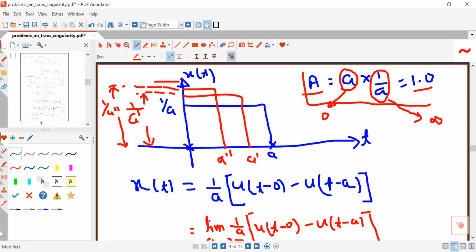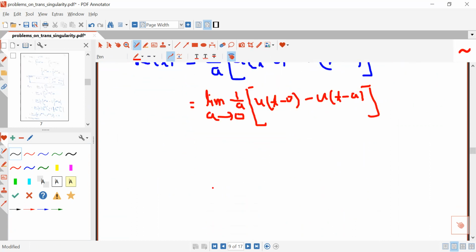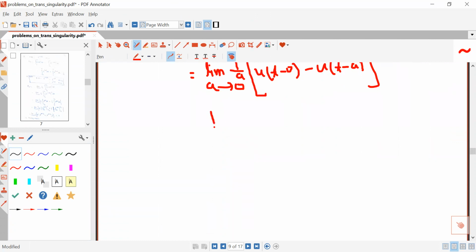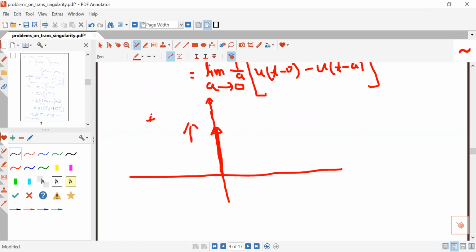So what will happen when the width of this rectangular pulse becomes equal to 0? You will get a rectangular pulse of 0 width, but the amplitude of this rectangular pulse will tend toward infinity.